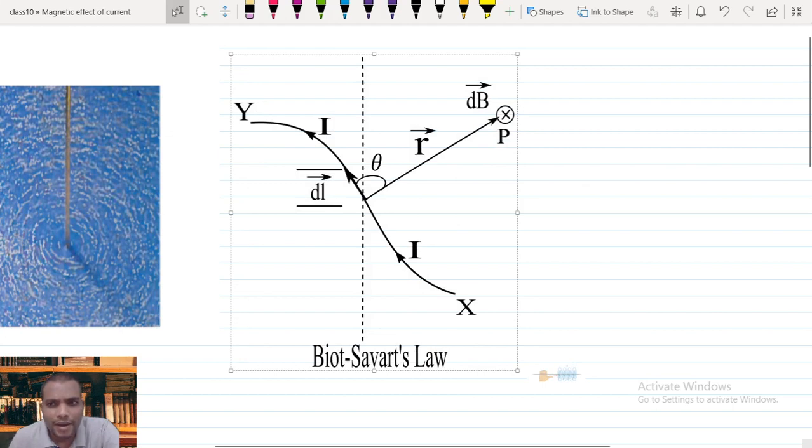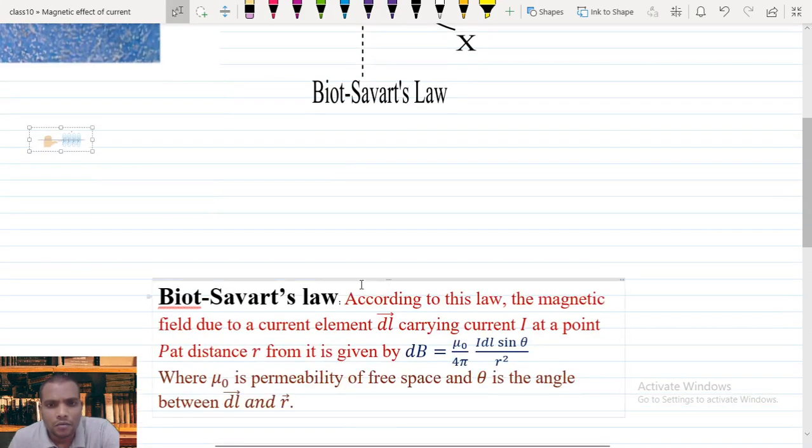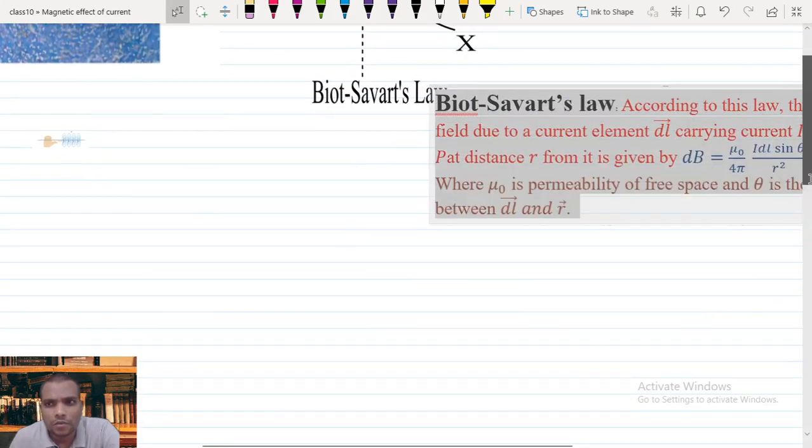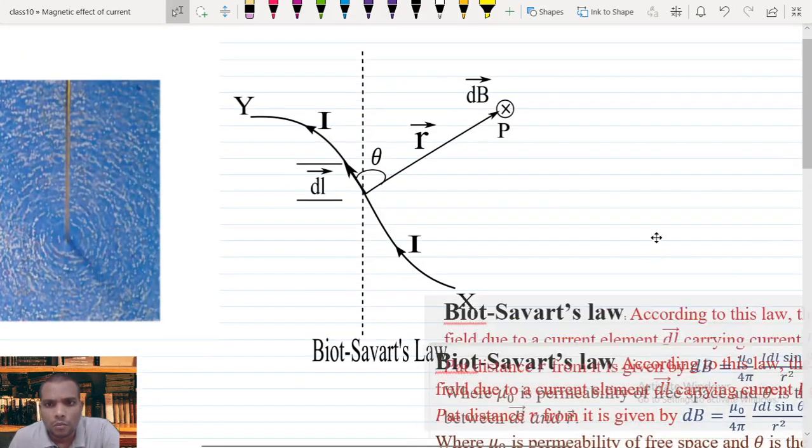So we tried to find the magnetic field at a point B due to this current carrying conductor. Then we got an expression by using Biot-Savart's law.